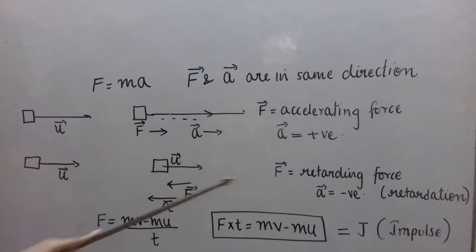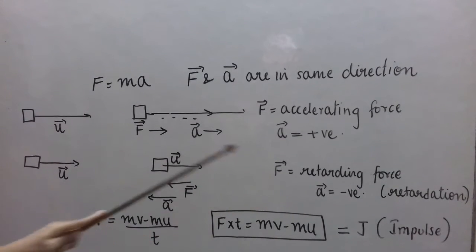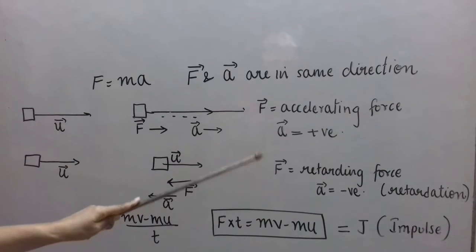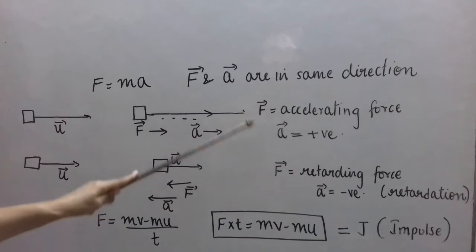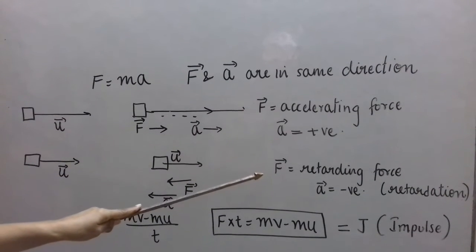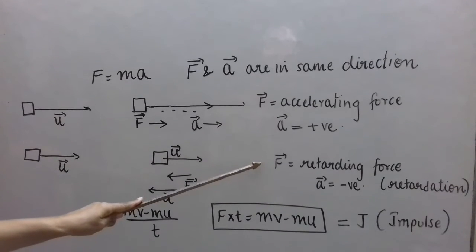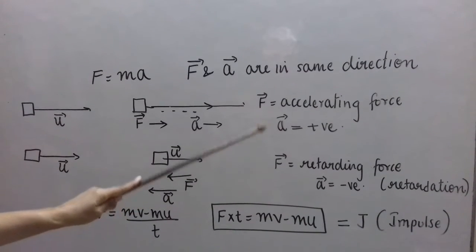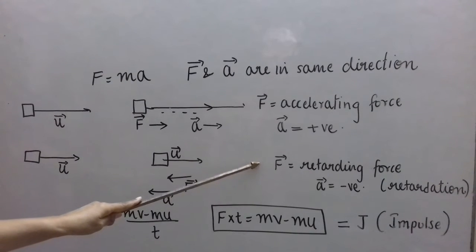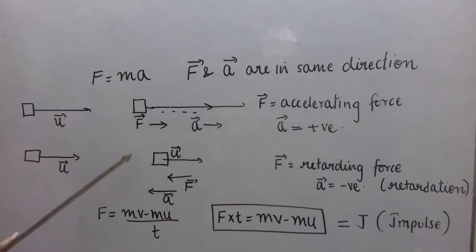So acceleration will be negative because it is a case of retardation, and such forces are called retarding forces. Although both are acceleration only, this is positive acceleration, we call it accelerating force. This is a case of negative acceleration or retardation, we call this force a retarding force. So this is the case when we give race to the car. This is the case when we apply brakes to the car. I hope this is clear to you.